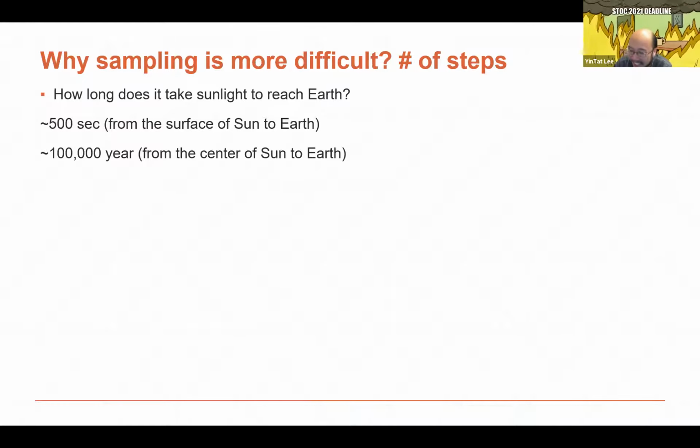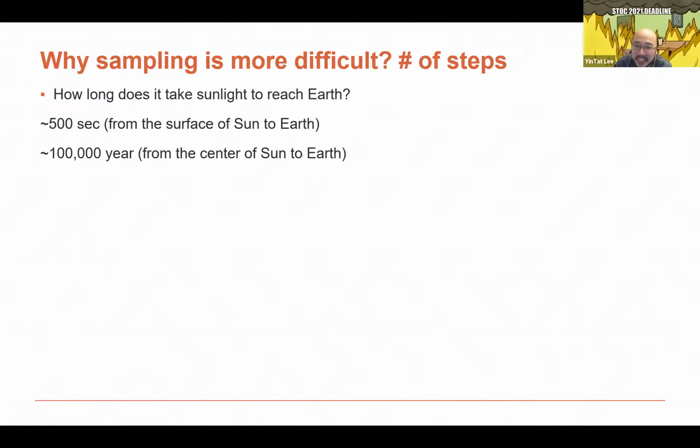Anyone know why? The reason is this: at the center of the sun, the light particle is basically moving like a Brownian motion because the density is too high. So it is doing Brownian motion, and although the distance from the center to the surface is much shorter, because it is doing Brownian motion, it will take forever.